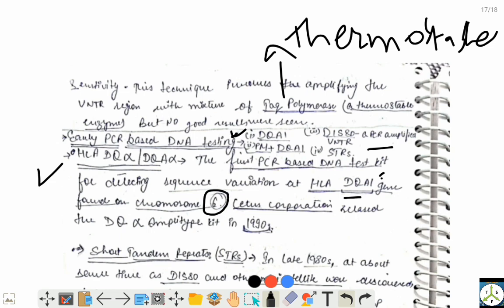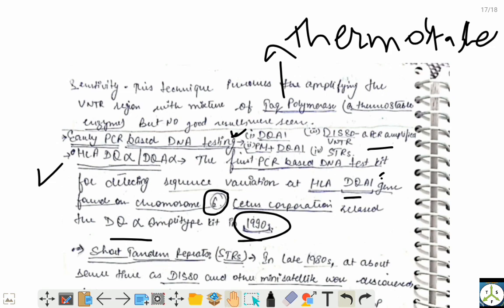Remember this, because sometimes in the exam you are asked about the chromosome number of the HLA sequence. The Cetus Corporation released the DQ alpha Amplitype kit in 1990.